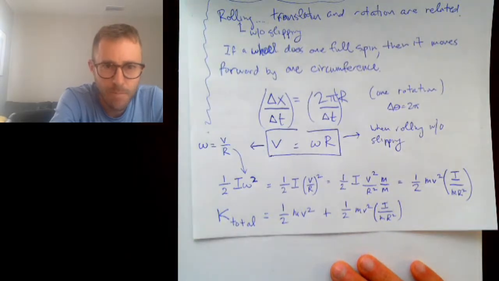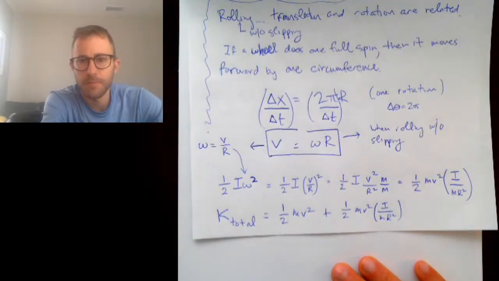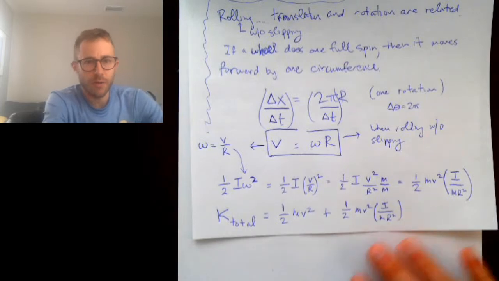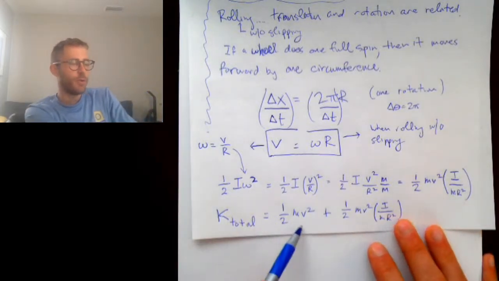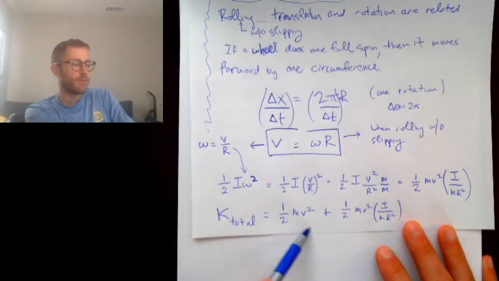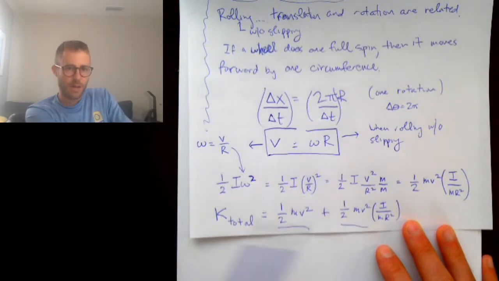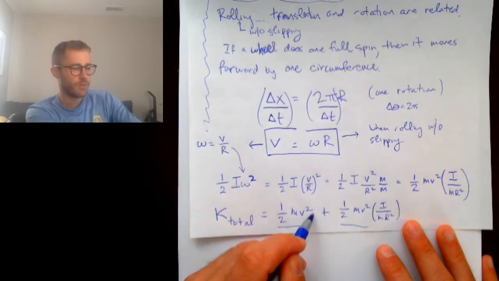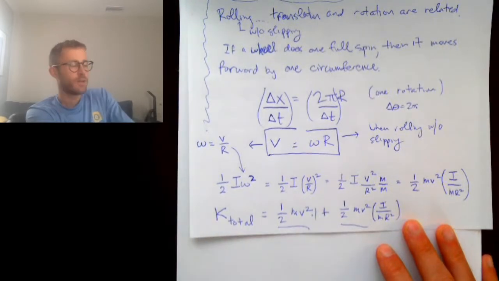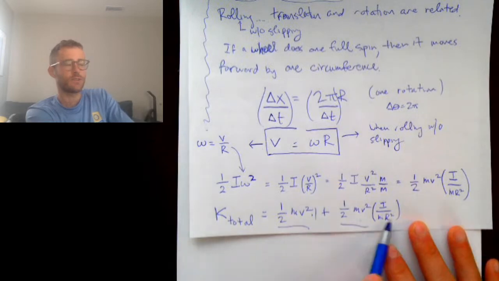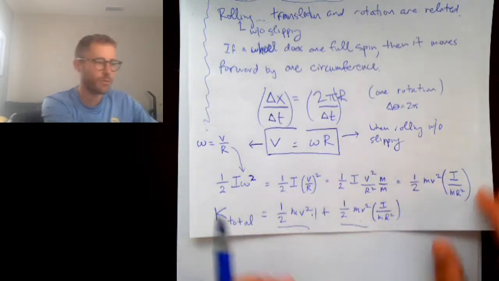So why did I do it that way? Because now I can see that both terms have 1/2 mv squared, so I can factor that out. When I factor it out from the first term, it's going to leave behind 1, because this is 1/2 mv squared times 1. And when I factor it out of the second term, it's going to leave I over mr squared.